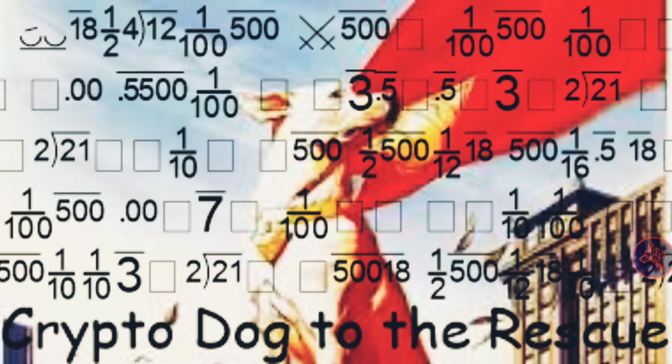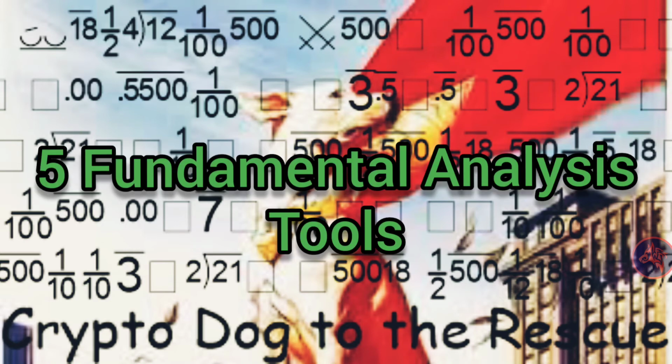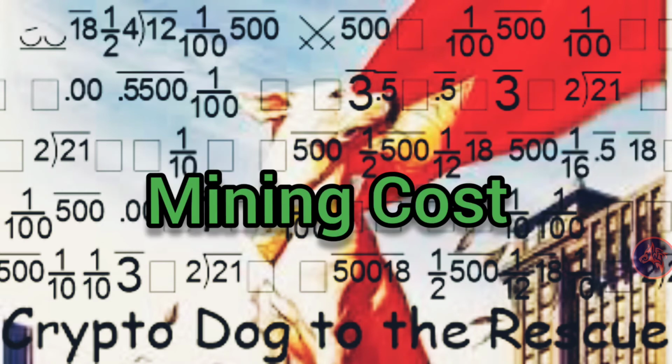This is why I use more than one fundamental analysis. Really, what I'll use is 5 total. The mining cost is a good indicator as well. Let me tell you what it shows you. This was a great article with a lot of my indicators that I've actually used.